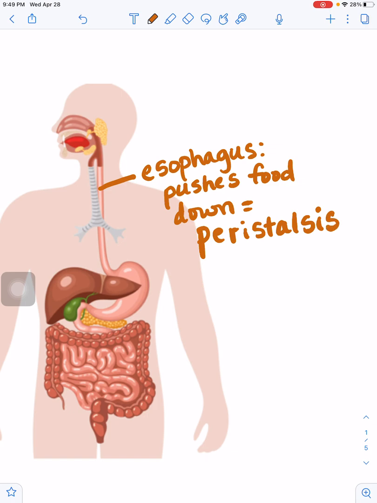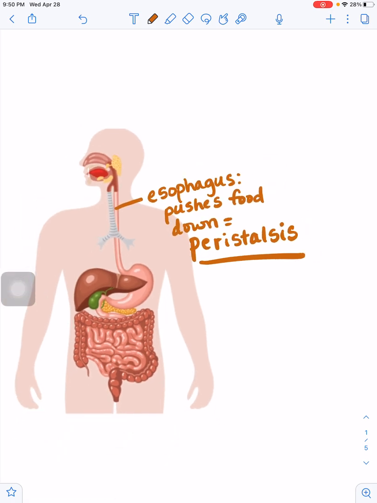Peristalsis. That's the process of the food being pushed in one direction. So whenever you swallow something, it doesn't just do a free fall from your mouth to your stomach. It's being squeezed down into your stomach.